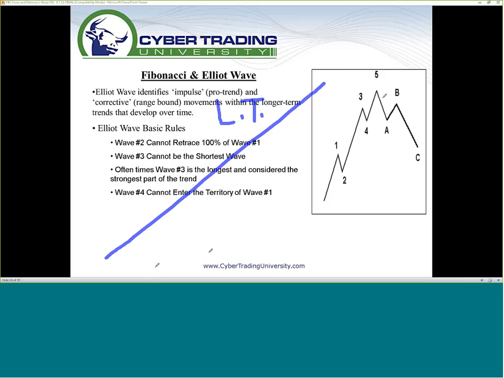It's a move up, and then we have a short-term retracement. The green lines are short-term. Then we have a long-term move up in the higher highs. Then we have another short-term retracement. And then, of course, another move up.